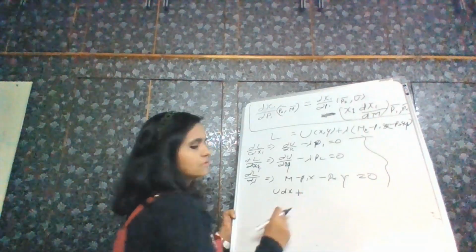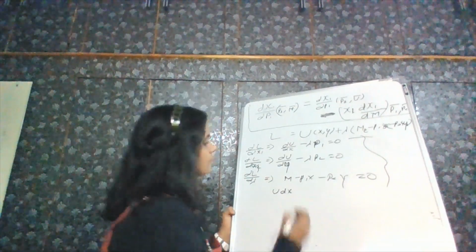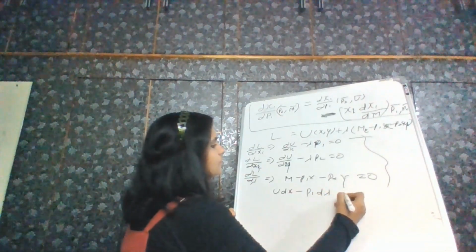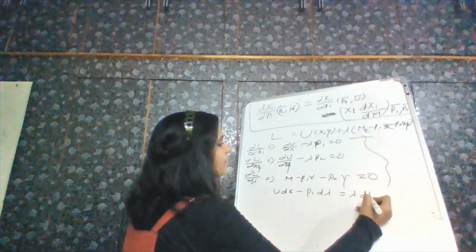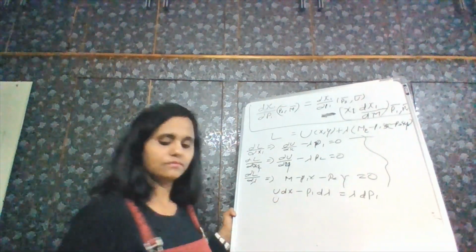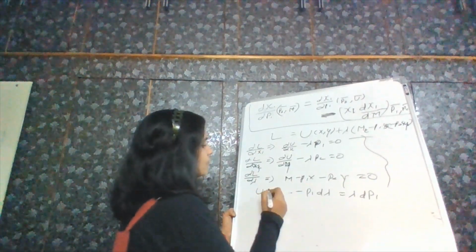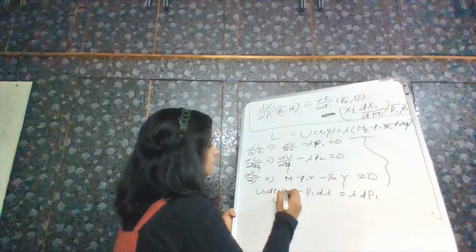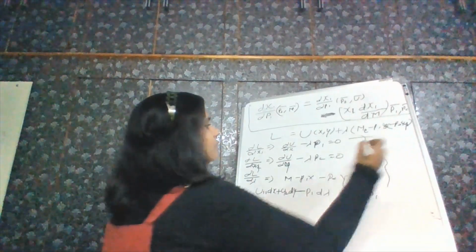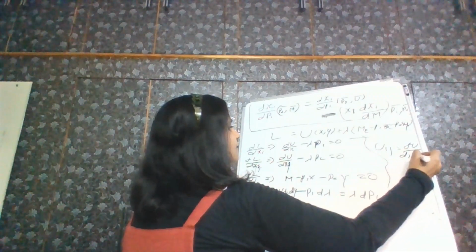So total differentiation for this, and it will be U dx minus p1 d lambda is equal to lambda dp1 for the first one. Similarly for the second one, U dx will be written like u11 dx plus u12 dy. And what is u11? Uij, you can say it is the double differentiation of U with respect to di dj.